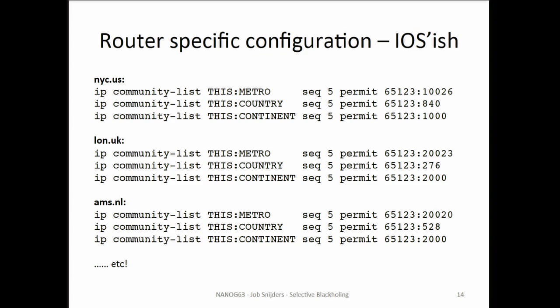And we do this for all devices in our network. Please realize the only thing that differs from device to device is this community mapping. All other policy is a copy-paste that is the same between all devices.